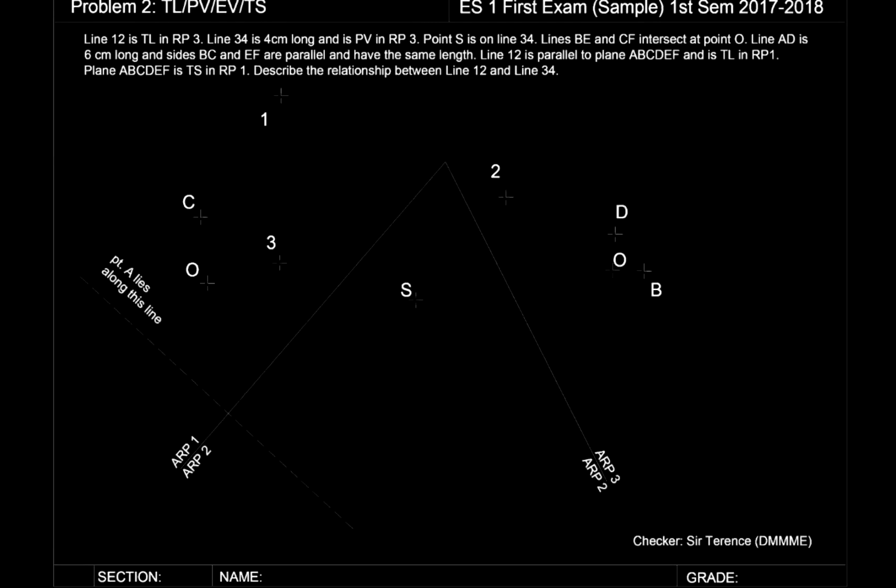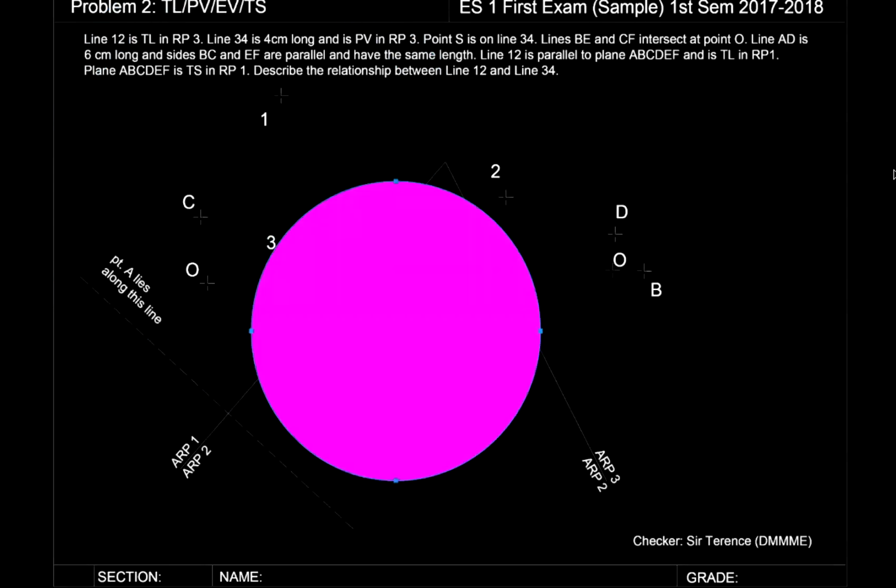Okay, and let me first convert muna RGB color. Okay. So, before I begin, no, create muna ako nung compass ko. Let me create my compass. Okay.